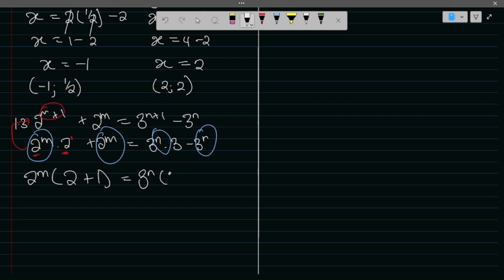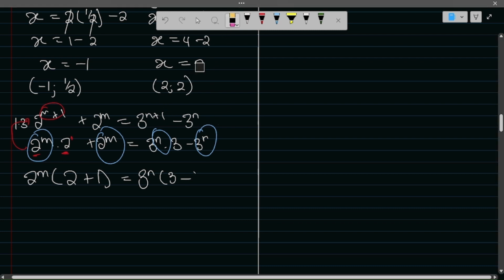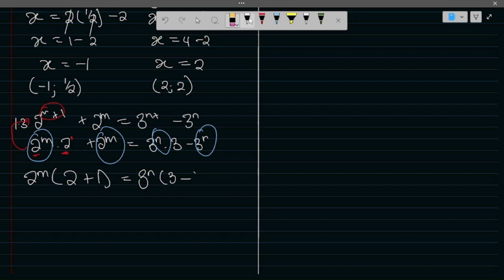You're going to be left with 3 minus 1, because, I made a mistake, this was 3 plus 2. So it's going to be 3^n times 3 squared minus 1. That's how easy this is.